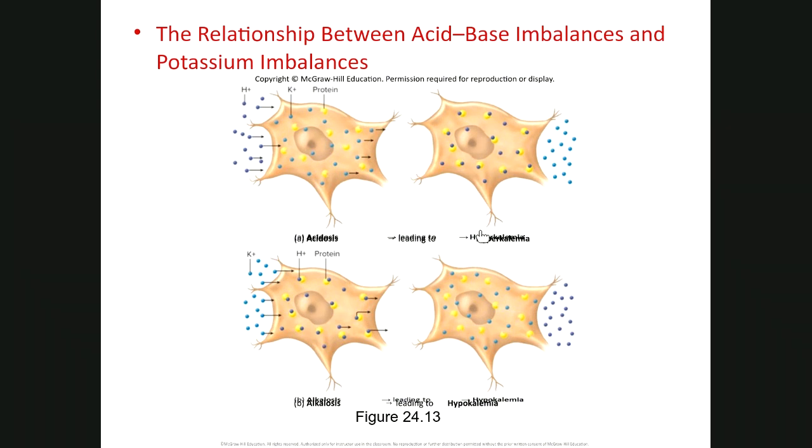If you have a lot of H ions outside of the cell, then it will tend to go inside.